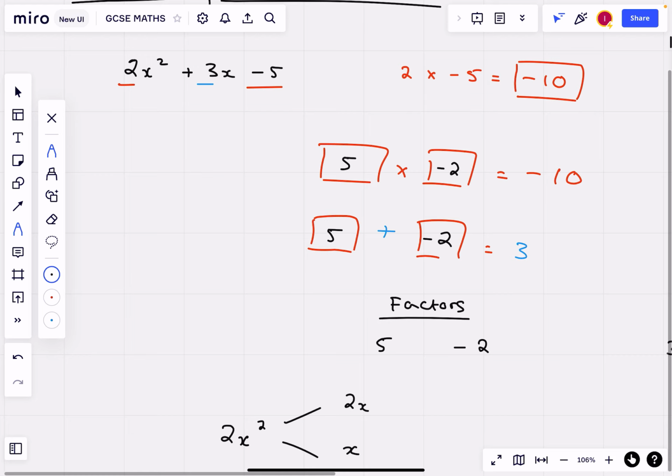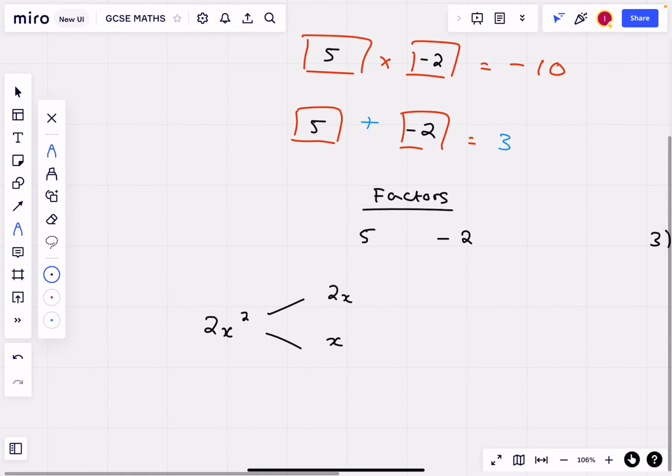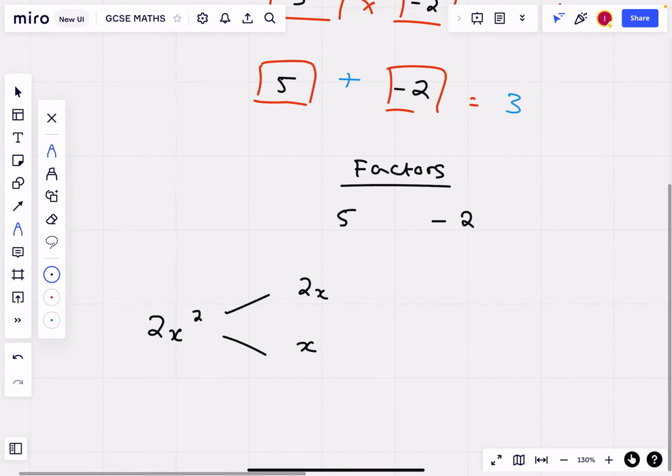Okay, now here's where it gets a little confusing, but bear with me. We have a number in front of x here. Do any of our factors divide by one of these numbers, meaning 2 and 1, to give us an integer?